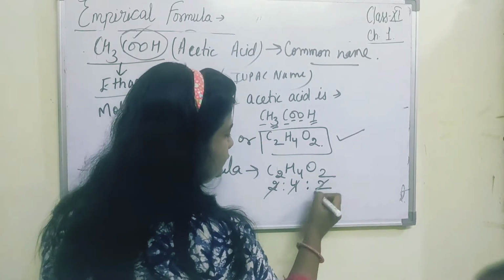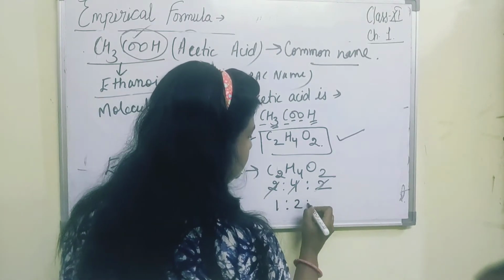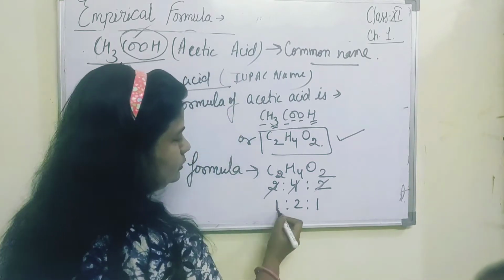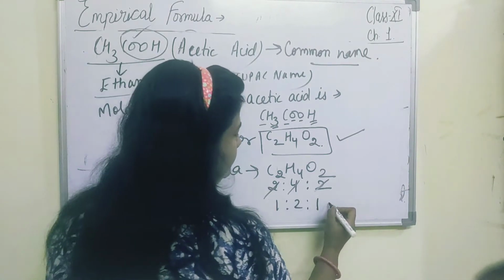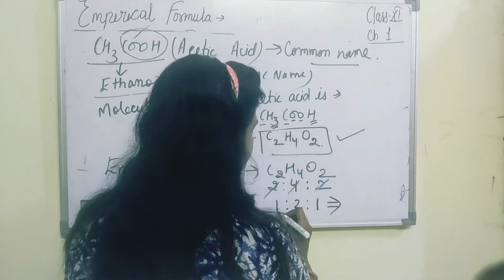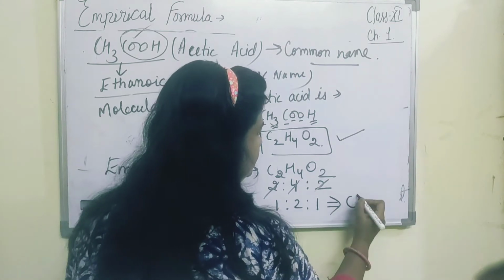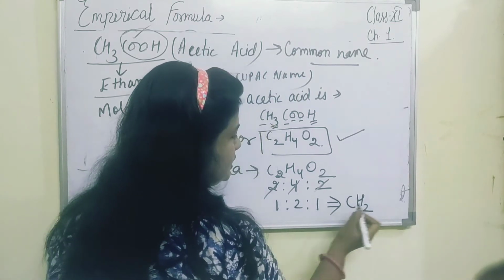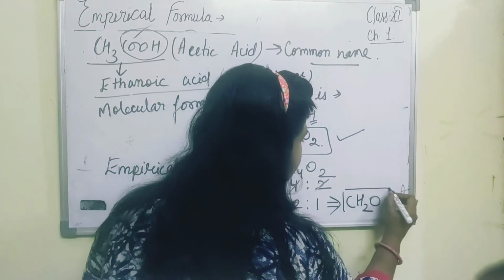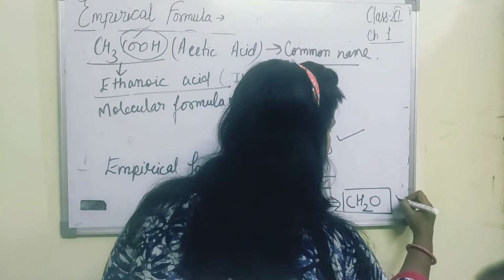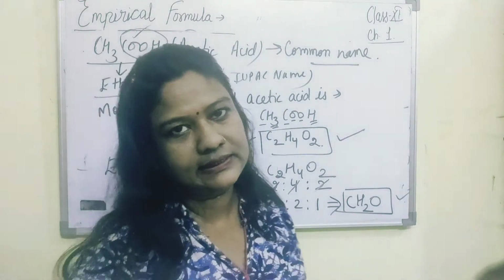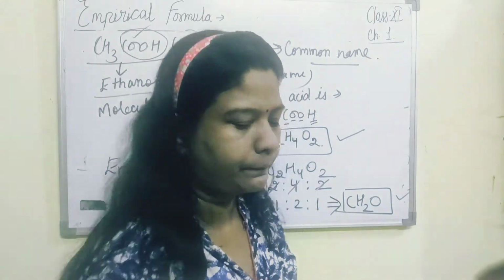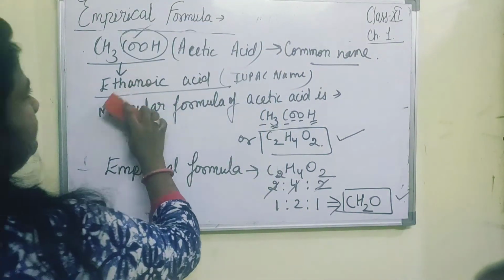So whole number ratio will be 1 is to 2 is to 1, correct? 2 by 2 is 1, 4 by 2 is 2, 2 by 2 is 1, and formula will be C1, hydrogen 2 and oxygen 1, CH2O. This is the empirical formula of acetic acid. Clear? Now we will do one question.